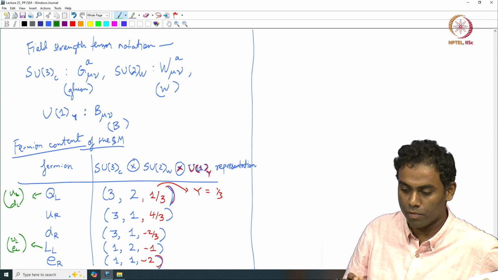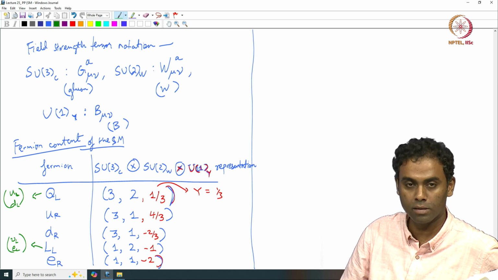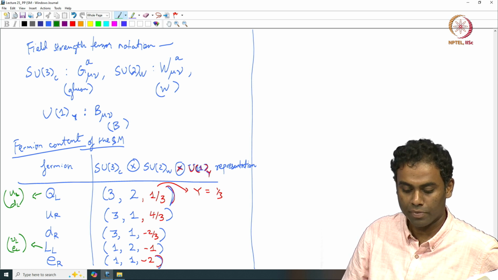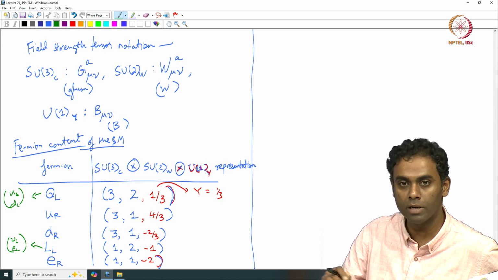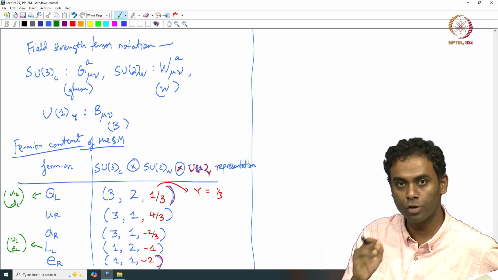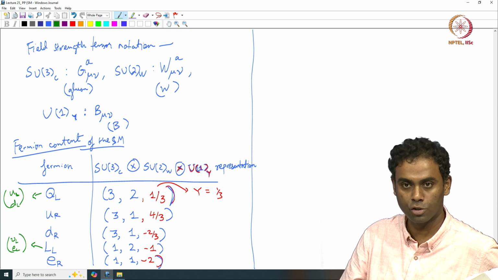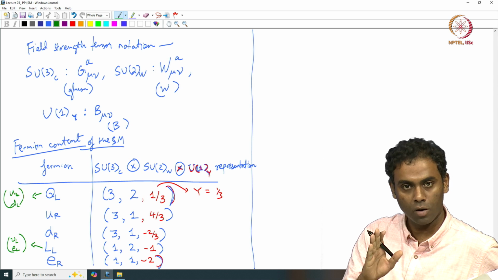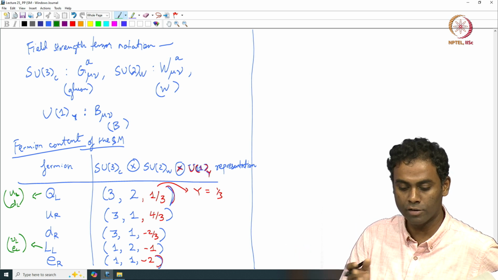Why? Because at this stage you don't yet know what is the composition of QL and LL. This notation only makes sense after you break the symmetry in some way and get electromagnetism out of it. Then I can think of a neutrino without a charge, I can think of the up and down quark making up the capital Q and so on. But right now, all you need to know is that this is a doublet under SU(2), that's it.